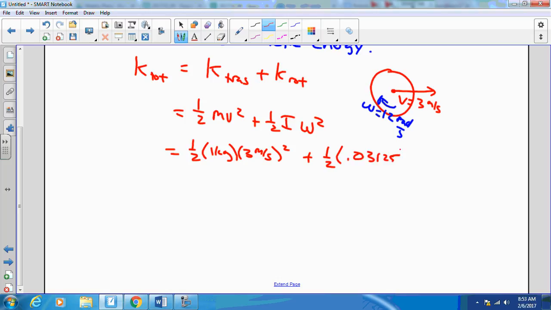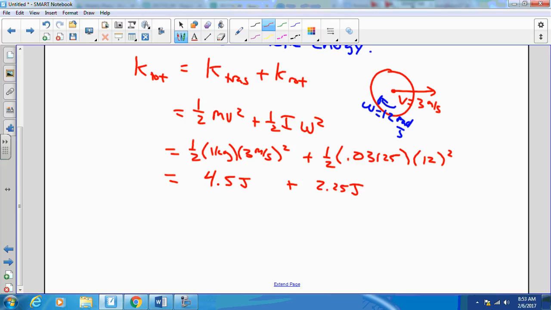0.0315. Now before we give the final answer, I want to examine each of those terms separately. When I compute the first term, I get 4.5 joules. When I compute the second term, I get 2.25 joules.